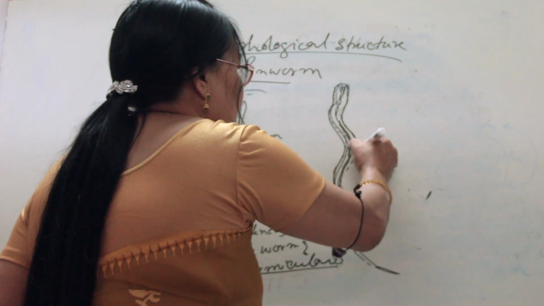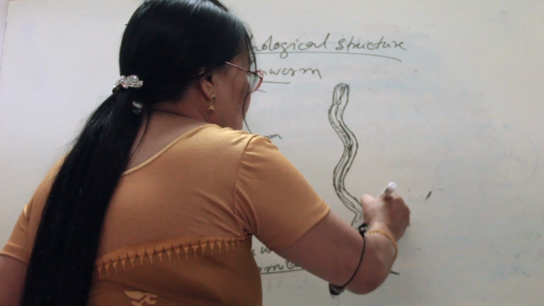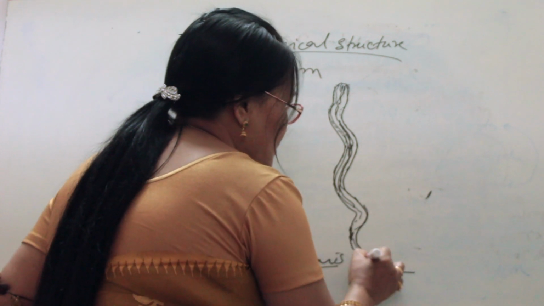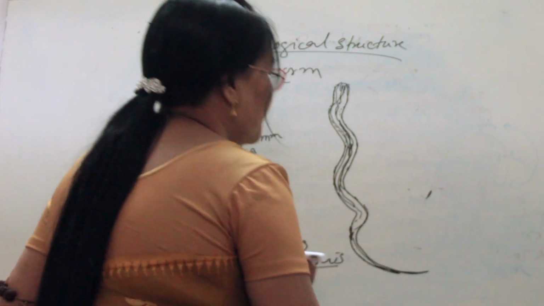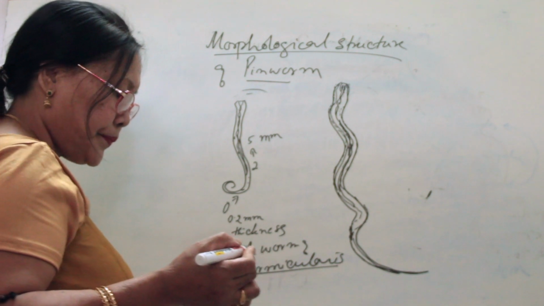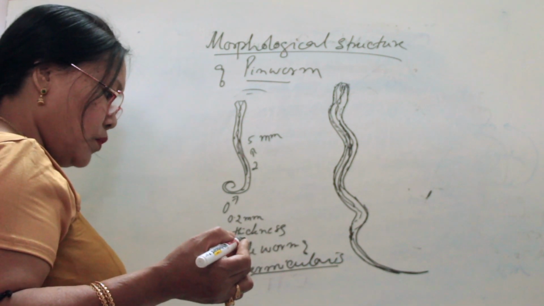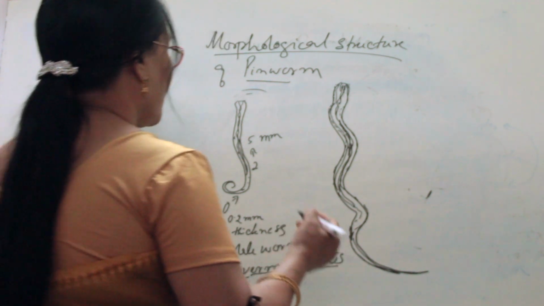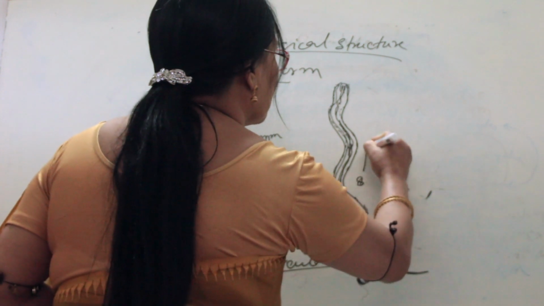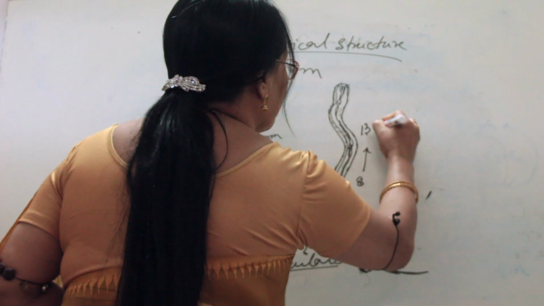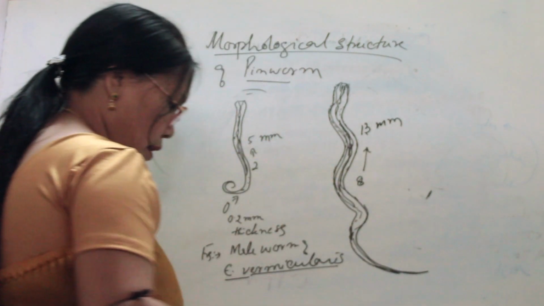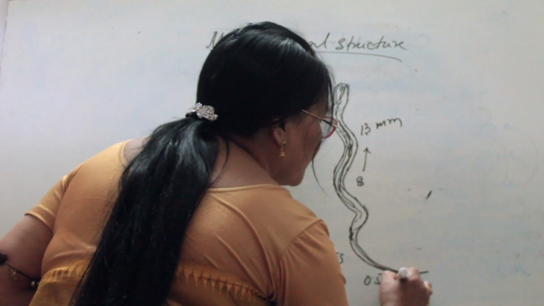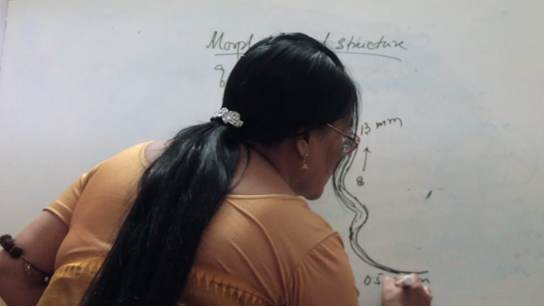This is the female worm of pinworm, that is Enterobius vermicularis, and the length of the female worm is 5 to 13 millimeter, with a diameter of 0.5 millimeter.